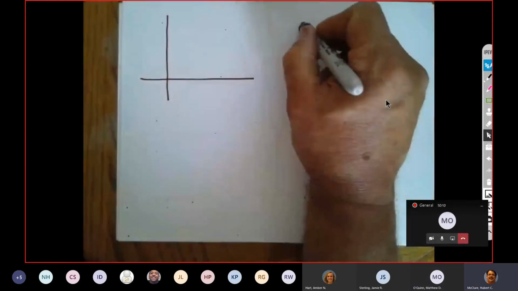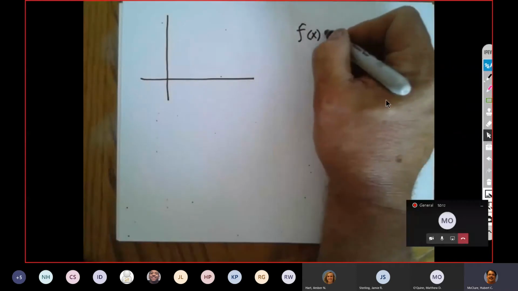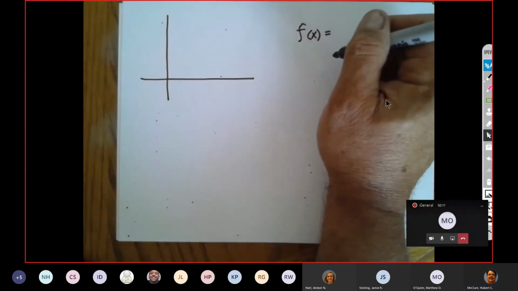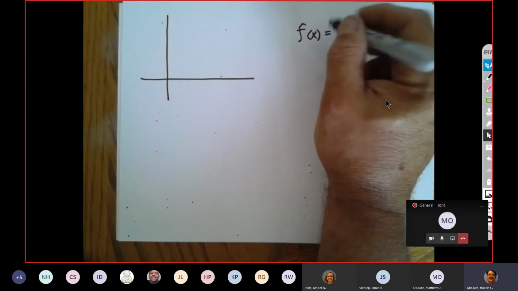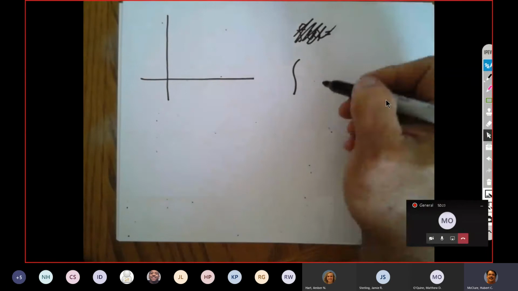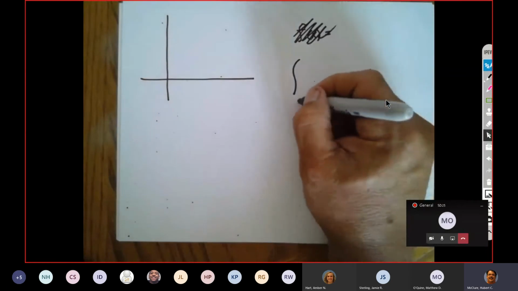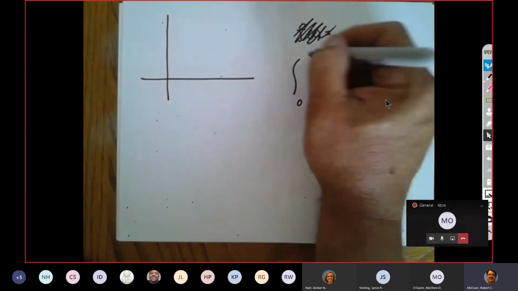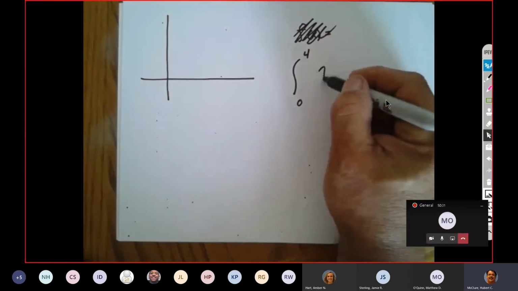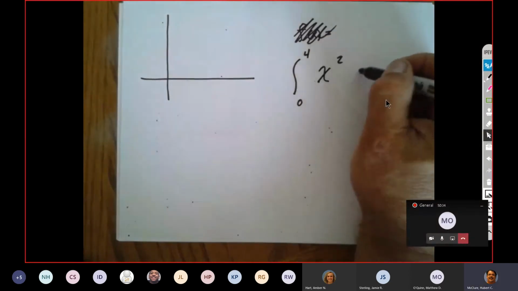Not f of x. The antiderivative from 0 to 4 of x squared dx.